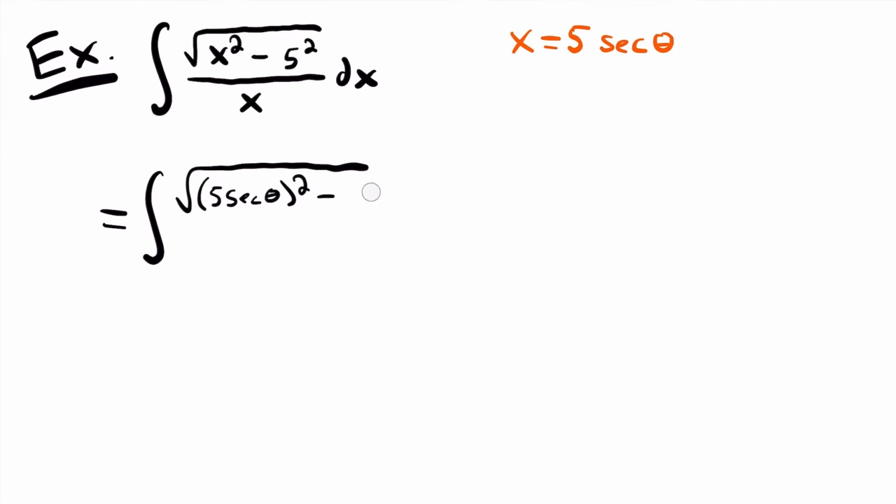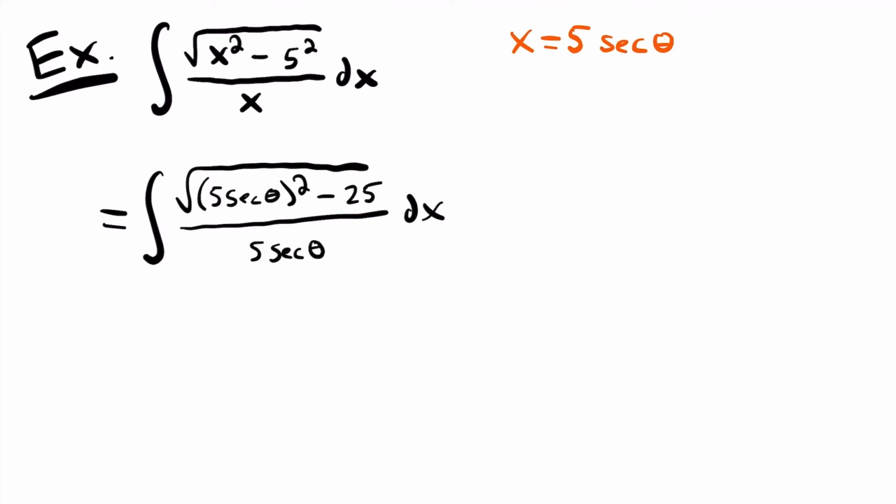Now that we know that a is equal to 5, I'm just going to rewrite that as 25. And then that will be divided by x, but we know what x is equal to in terms of theta, and so we can rewrite that x with 5 times secant theta as well. So we'll have 5 times secant theta in the denominator, and that is multiplied by dx.